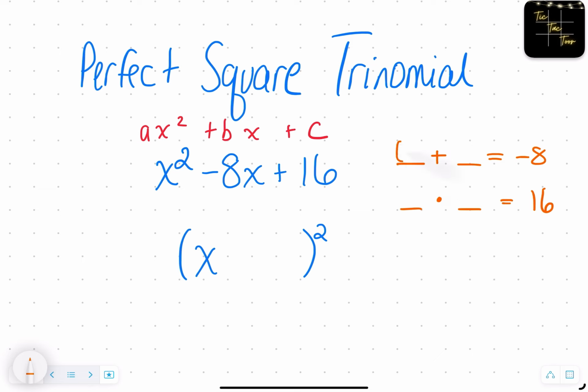And that pair would be -4, -4. What's special is that that's the same number repeated. So then we have x minus 4 squared.